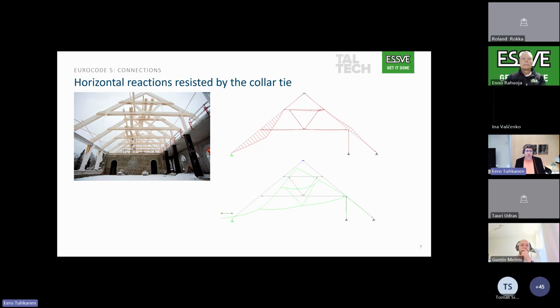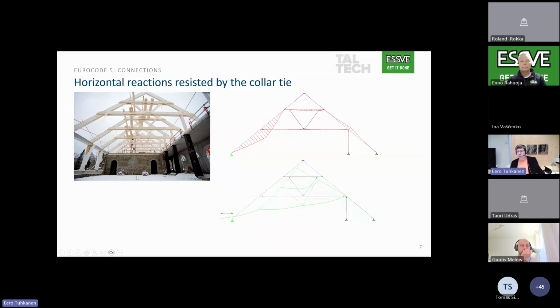And in the worst case, when we don't have the option to make the collar tie in the right place, we have to move the collar tie higher because of the requirements of the room.